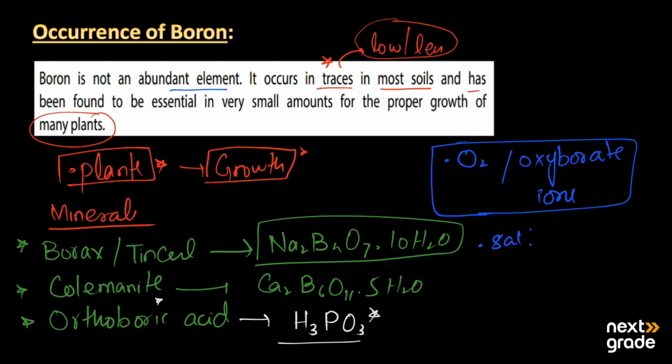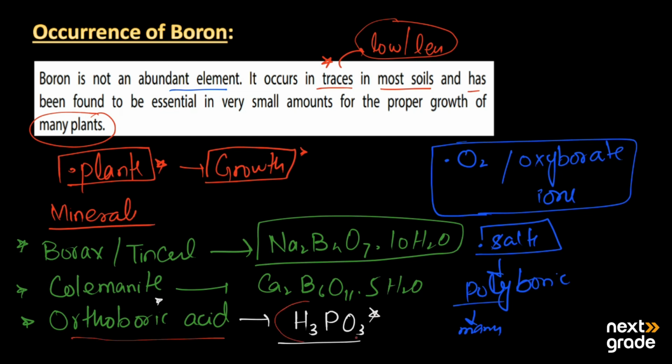The word polyboric, poly means many. Here we have just studied orthoboric acid. Along with that, we have different types of boric acid according to their properties and the percentage of hydrogen as well as oxygen in them.